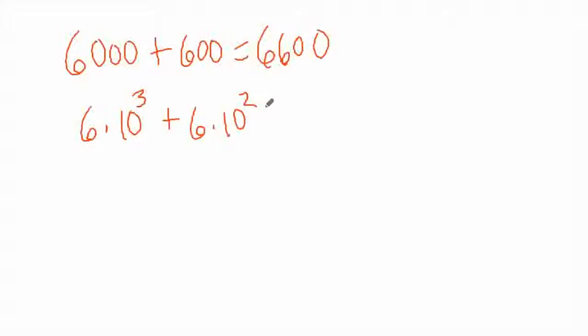What you have to do is adjust one or both so that they do have the same exponent. What if we made, on the second scientific notation number, the 6 smaller, so we made it into a 0.6, but in order to do that, we're going to compensate by making the exponent bigger.